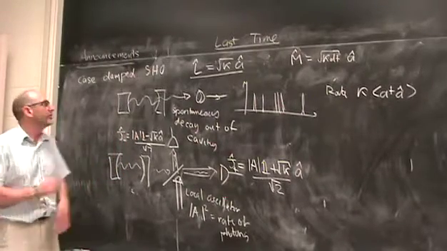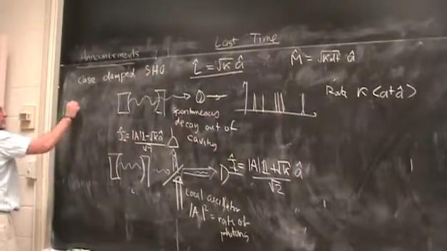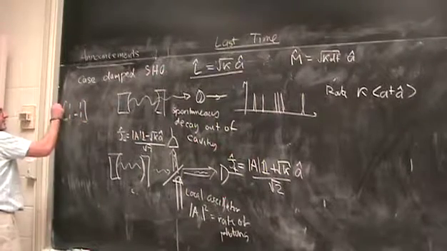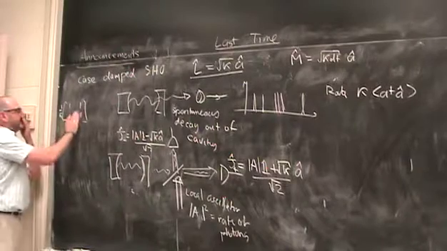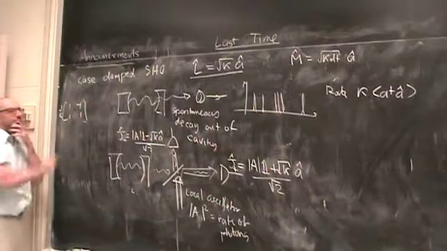So we have a unitary matrix for reflection and transmission. Right?